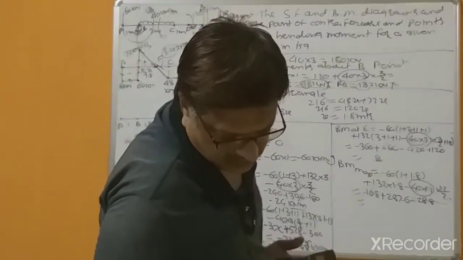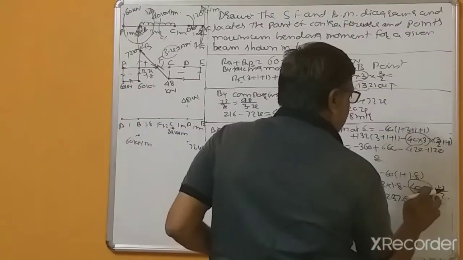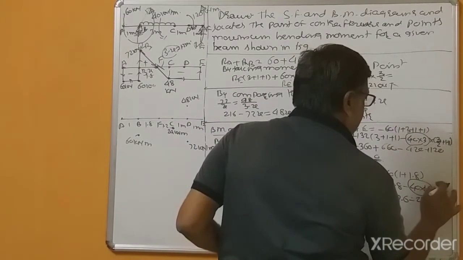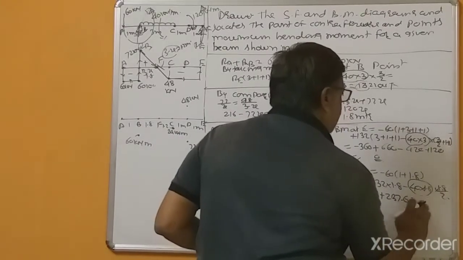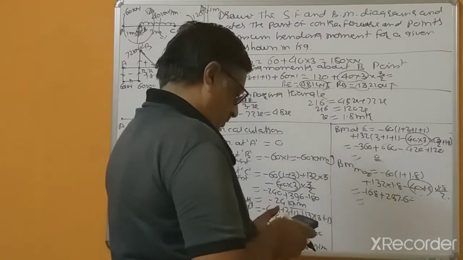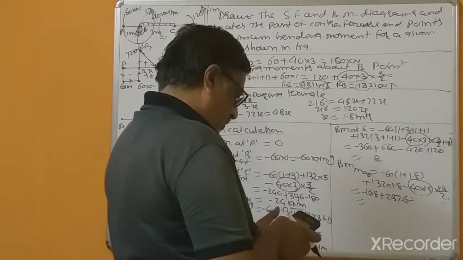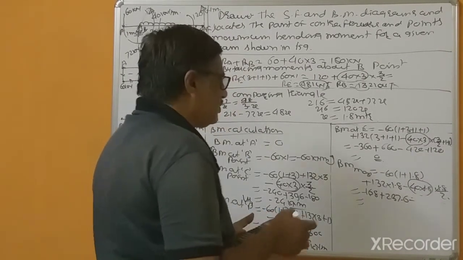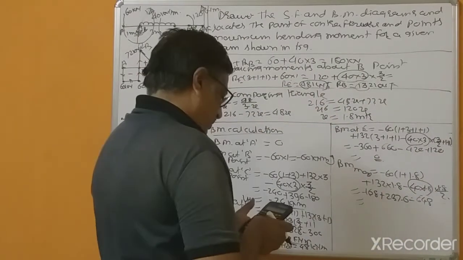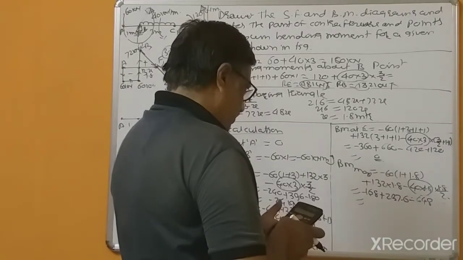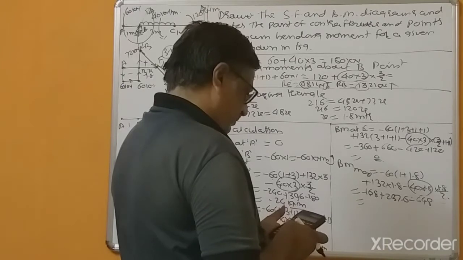So here we made a small mistake. This is 1.8. So that's why 20 into 1.8 square, 64.8, plus 168 minus 237.6.